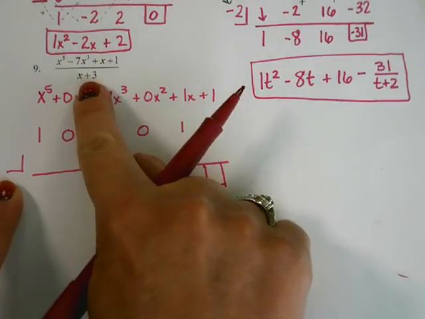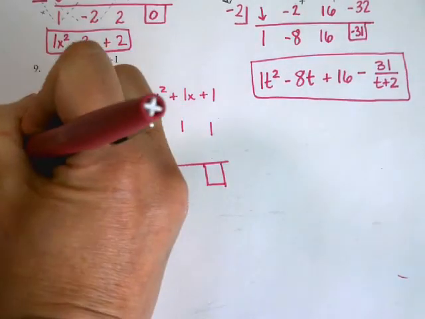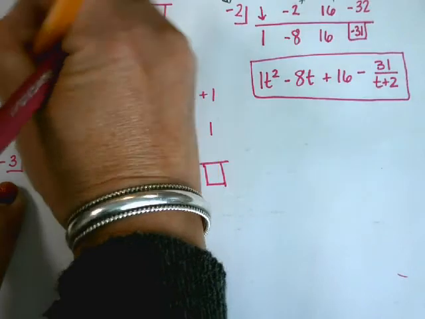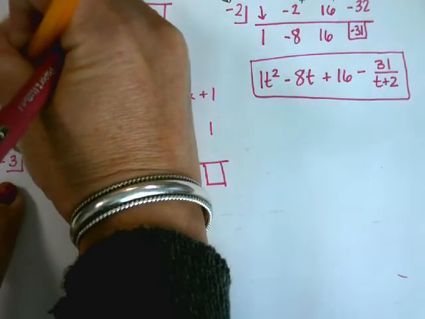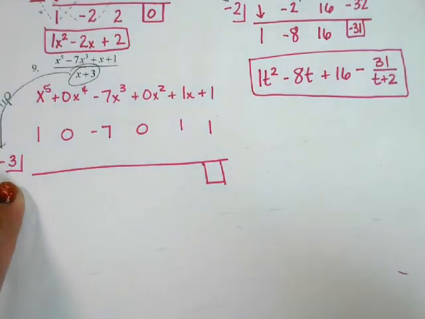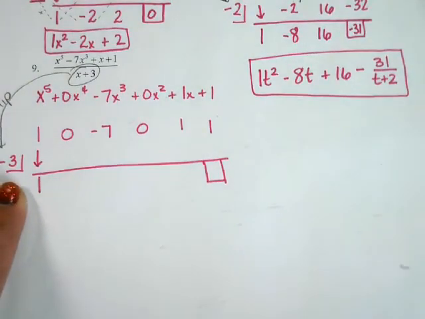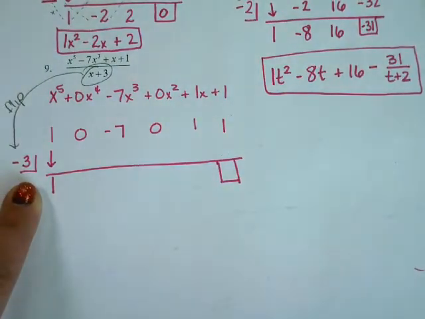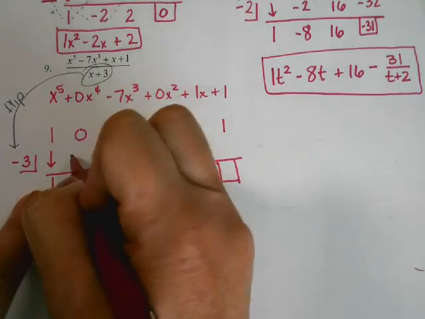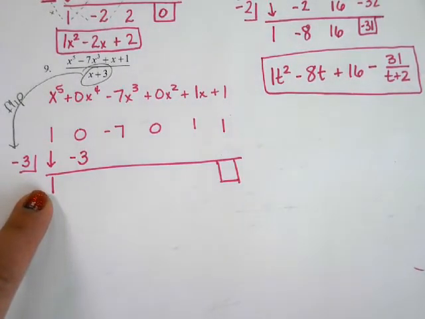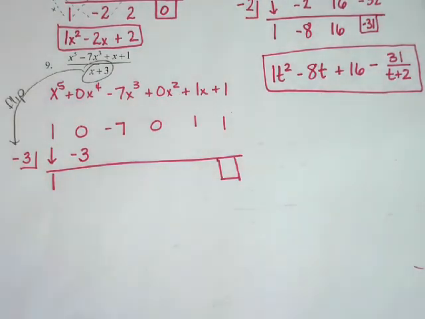I'm dividing by x plus 3, so I'm going to put a negative 3. Okay, bring the first one down. Negative 3 times 1. Negative 3. Add down. Okay, see if you can finish it.